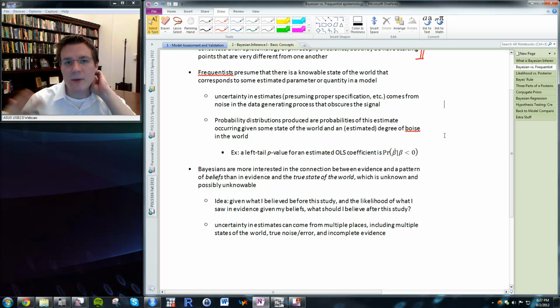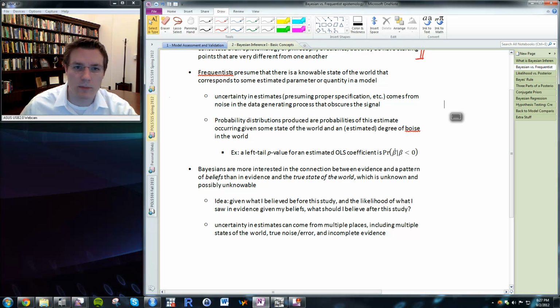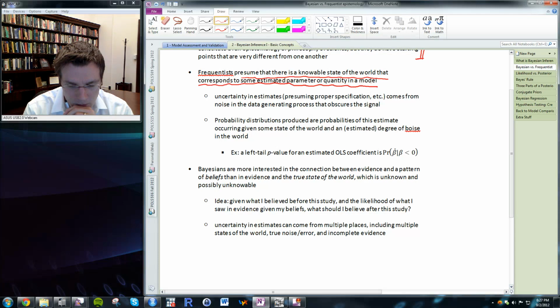So frequentists presume or believe that there's a knowable state of the world that corresponds to something that we're going after, that we're estimating. And there are lots of ways this comes up in teaching and in research. But one very typical way it comes up is in the frequentist notion of bias.